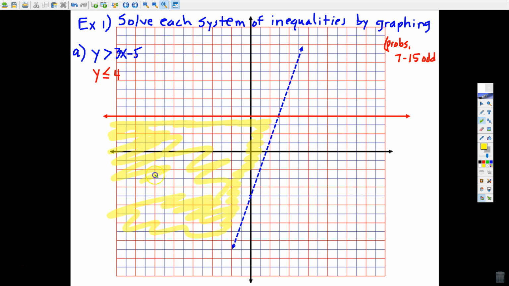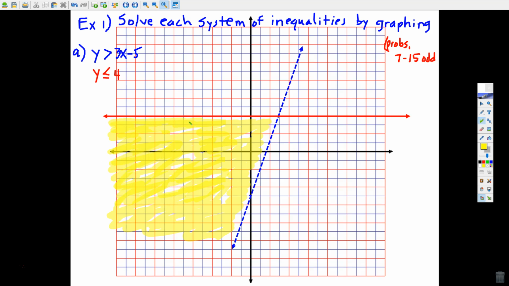Any ordered pair that you could pick out of this shaded area would be a solution to the system. And remember, a true solution not only makes the blue inequality true, but it also makes the red true when we plug those values in from those ordered pairs out of the yellow area.